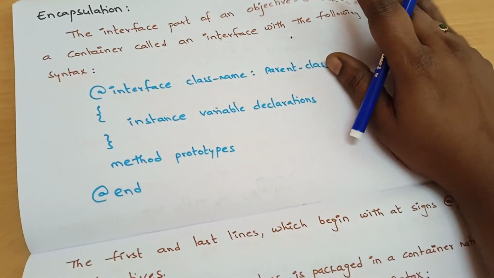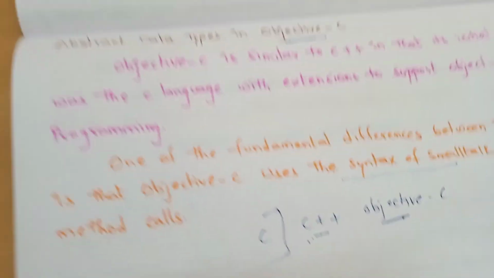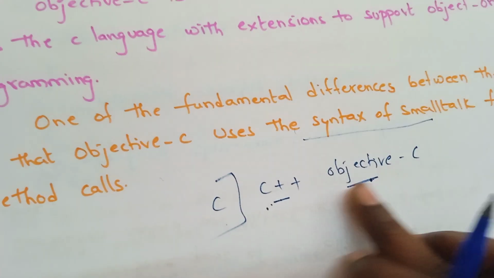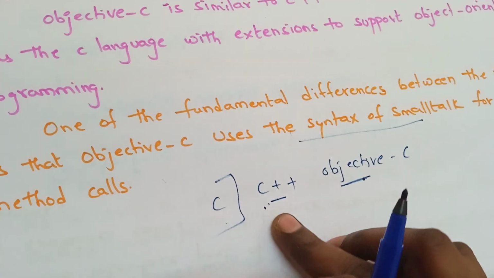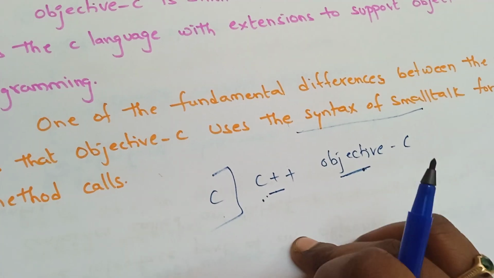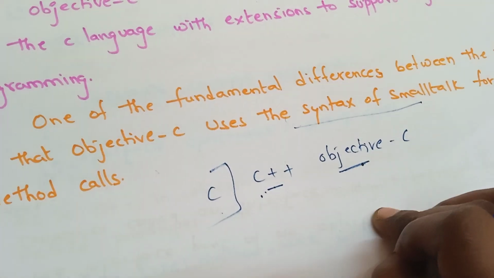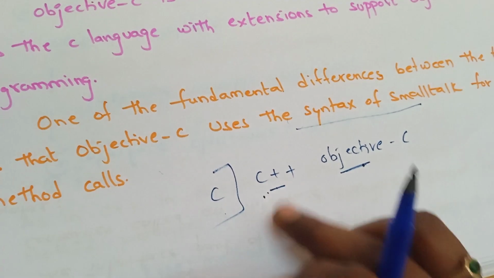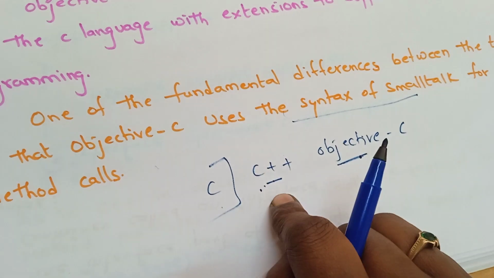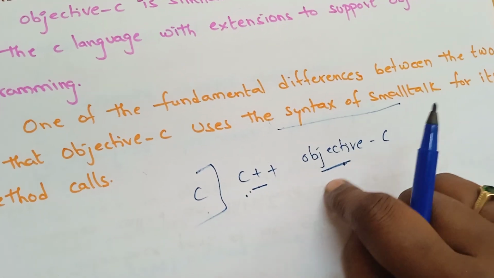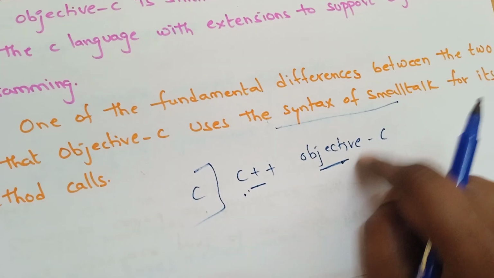When you compare C++ and Objective-C, there are differences in syntax. The way you write code in C++ is different from the way you write it here. Here we have similarities with C and also with Java, but Objective-C is totally different, following Smalltalk.